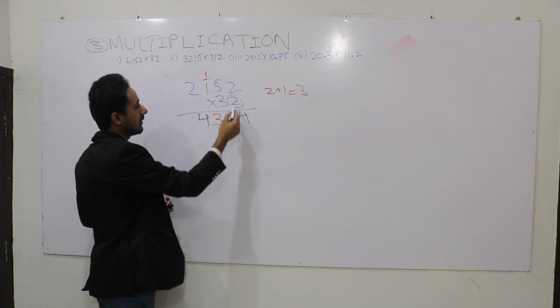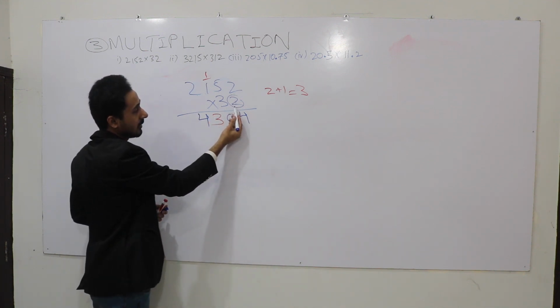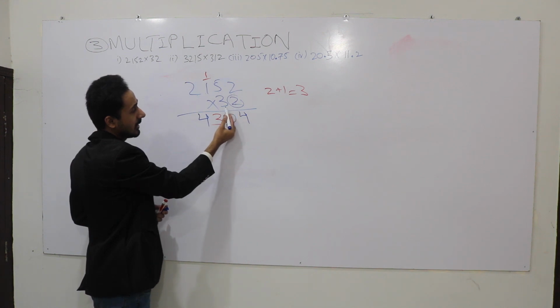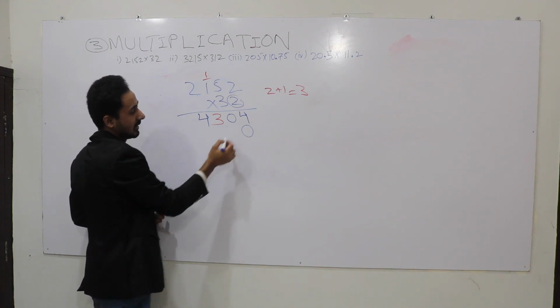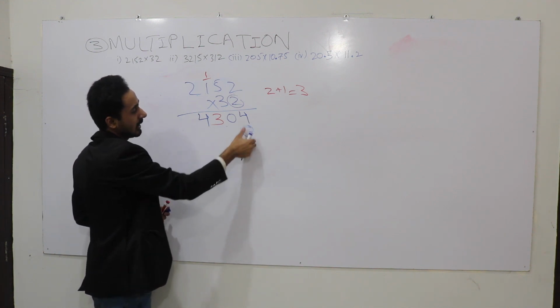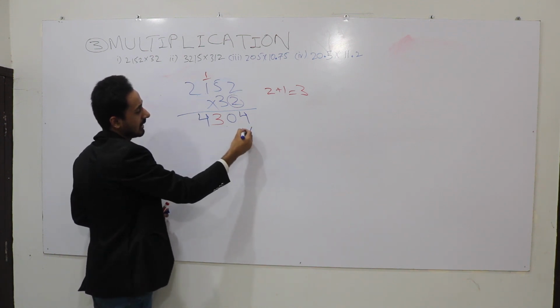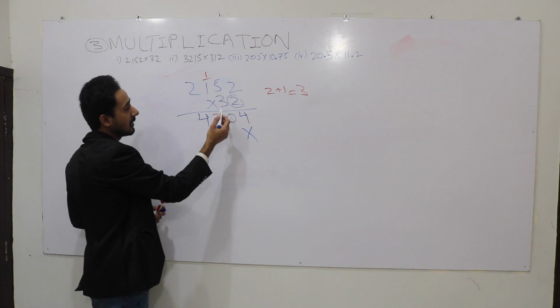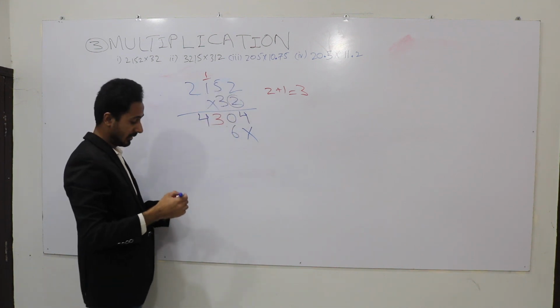Now we are done with 2, now we will begin with 3. Because we are leaving one number and starting with the second, we will leave an empty space here. We can leave an empty space, or we can just write a cross sign here. Then 3 2s are 6, 3 5s are 15.